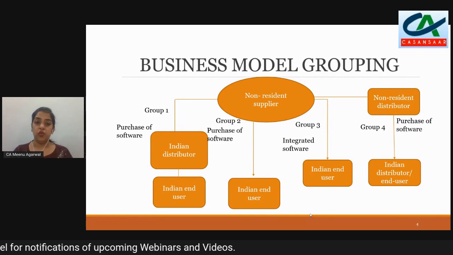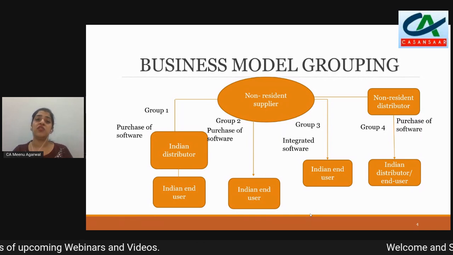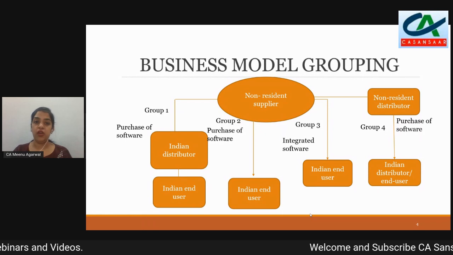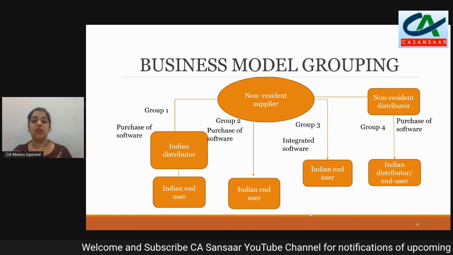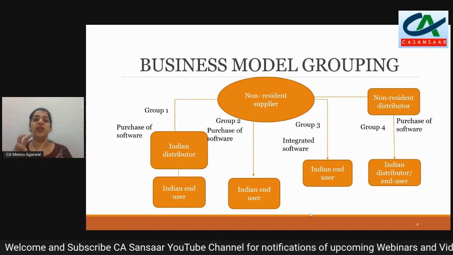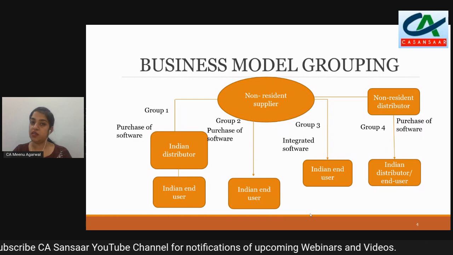In category 2, the Indian user directly purchases the software from the non-resident supplier. In category 3, those assessees were classified wherein the Indian users directly buy integrated software from the non-resident suppliers.